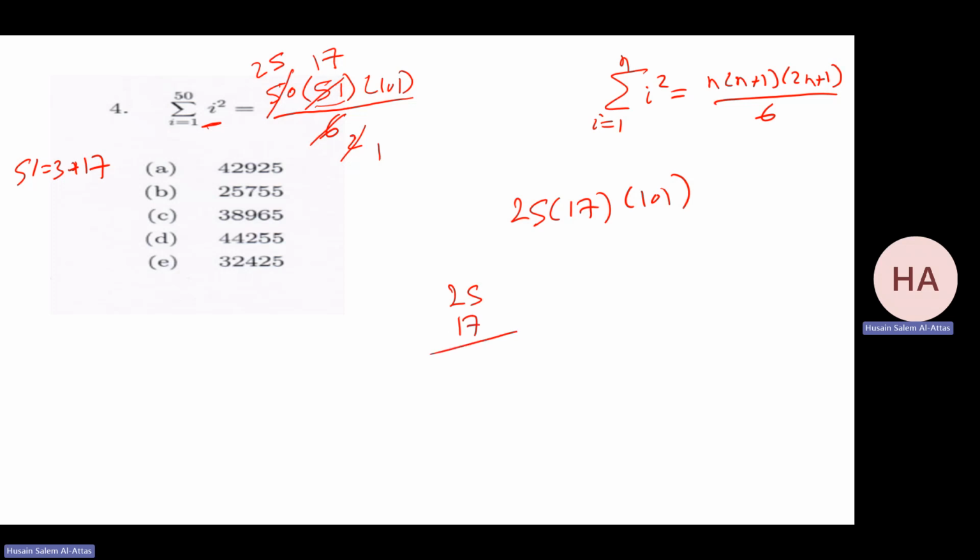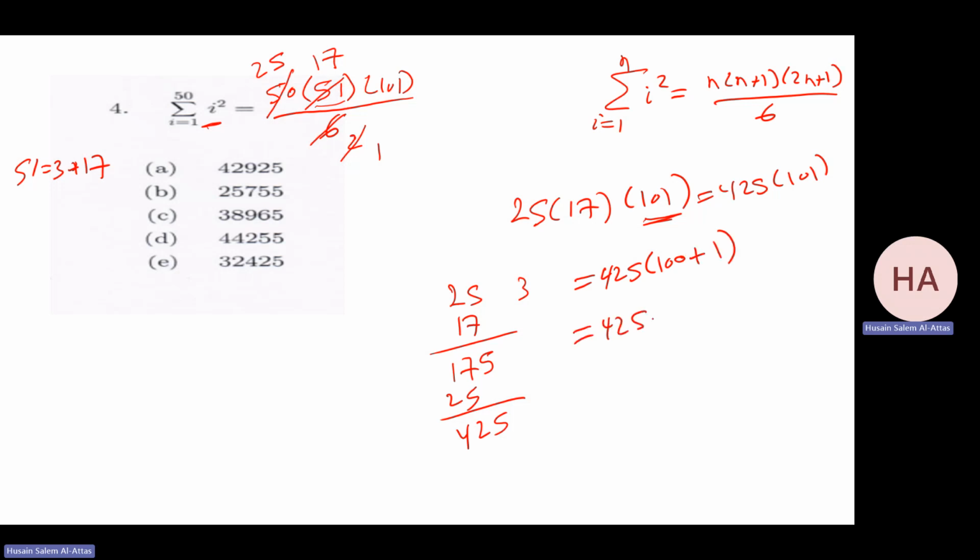Can I do it quickly? Yeah, this one I can do quickly. 17 times 5 is 85, carry 8, 17 times 2 is 34 plus 8, 425. So that will be 425 times 101. I can do this trick, 425 times 100 plus 1, which is 42500 plus 425.